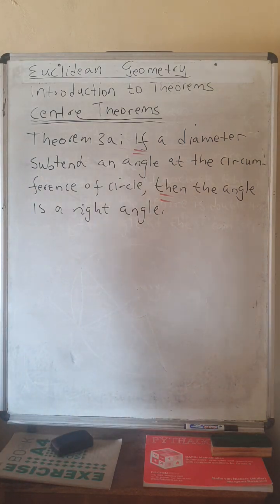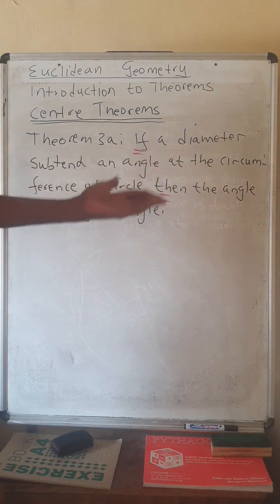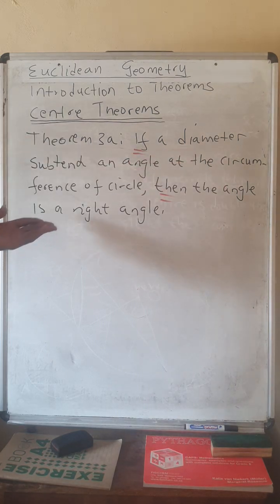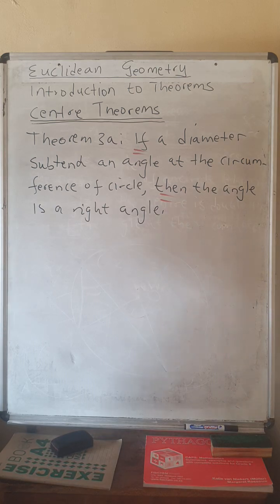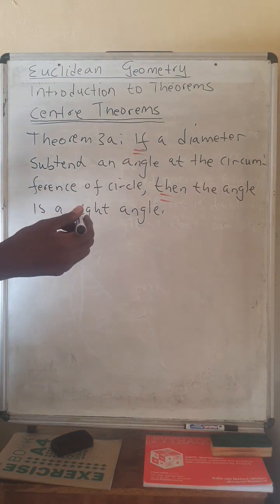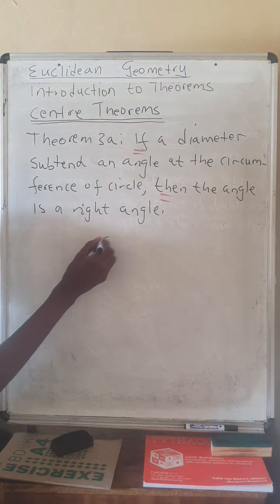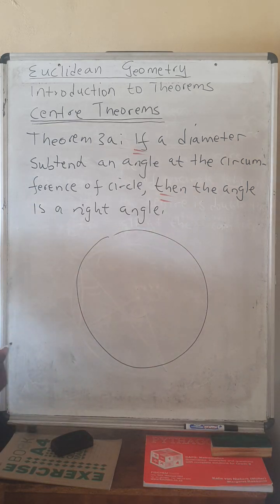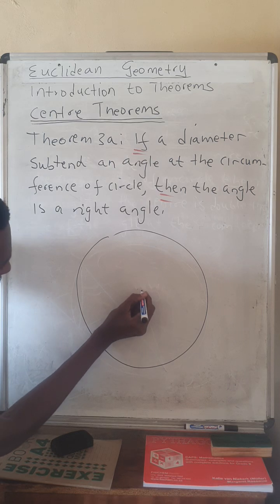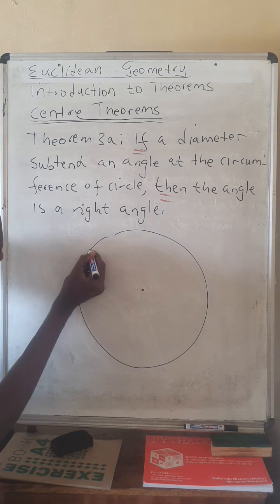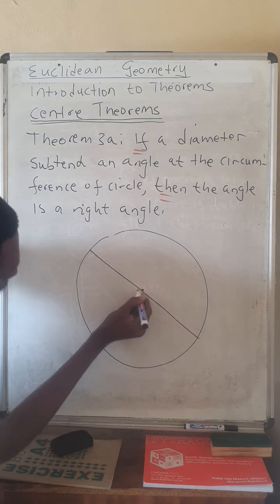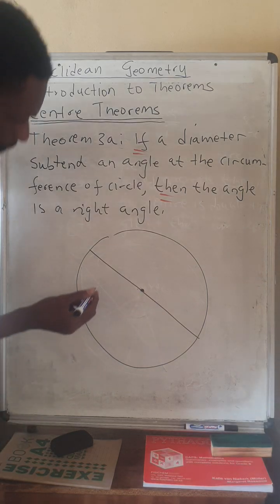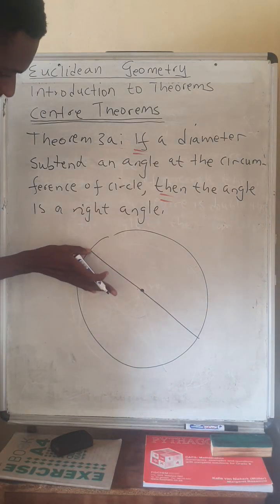So now I'm going to give you guys a diagram. When we apply, we're just going to conclude: then the angle is a right angle. So I'm going to draw a diagram having the condition of this theorem being met. We know what a diameter is. We said a diameter is a chord that passes through the center of a circle.